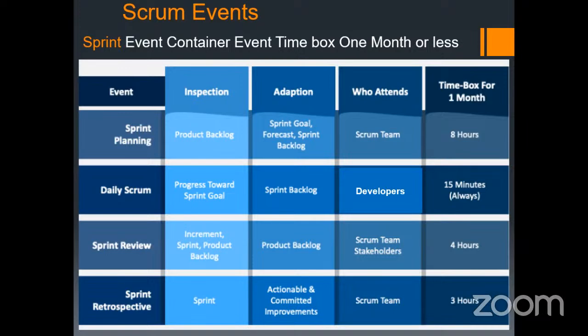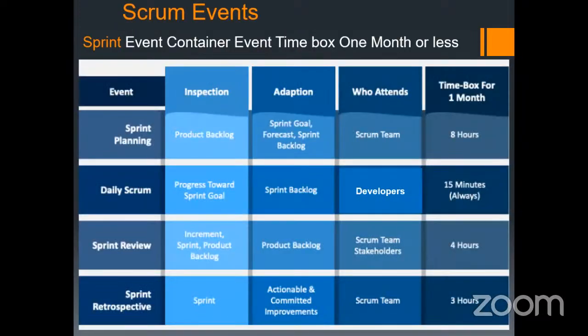By learning from the current sprint, you should have some actionable points. You can improve the commitment. How to improve the commitment? Here you can change the definition of done. If you want to adapt something which has gone wrong in the current sprint, you can do it here. And who attends this? The Scrum team attends this.